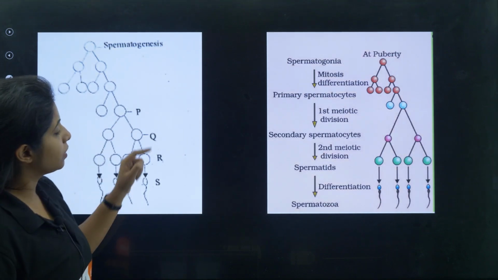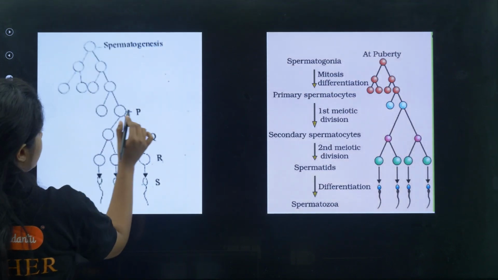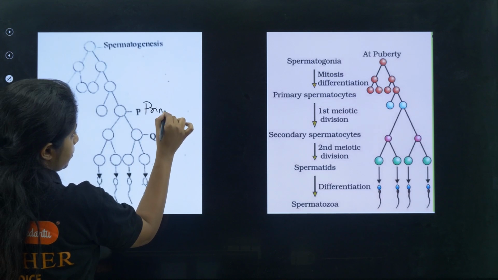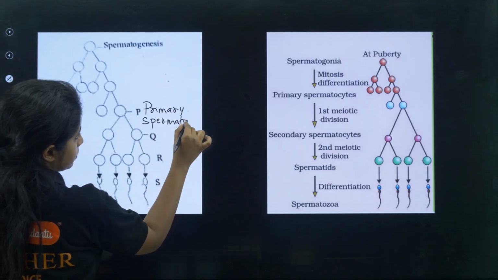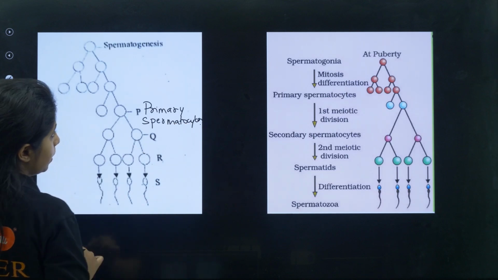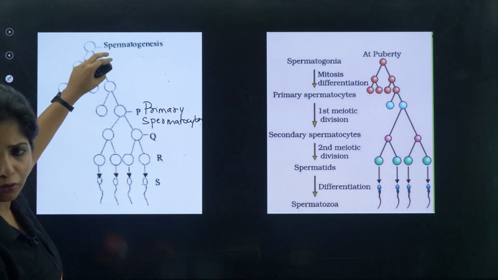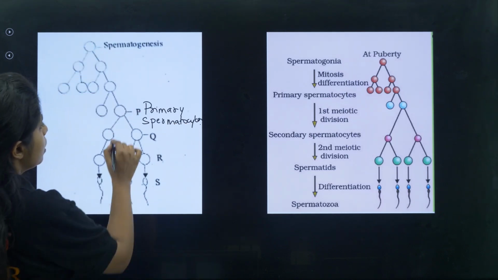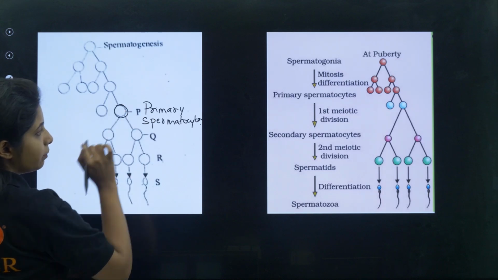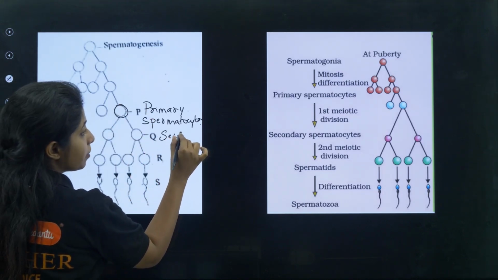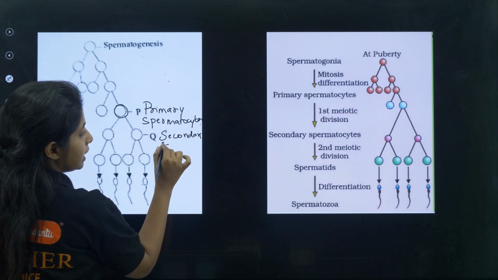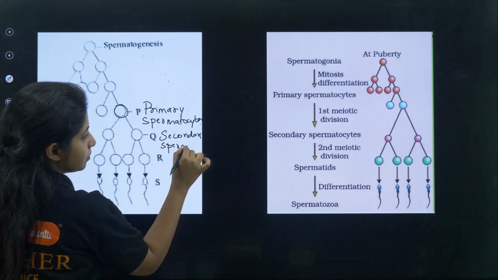So these cells which are being formed over here are known as primary spermatocytes. Over here you will be having spermatogonia, among which one will be specialized, known as primary spermatocyte. This primary spermatocyte will be dividing into what? Primary always divides into secondary spermatocyte.